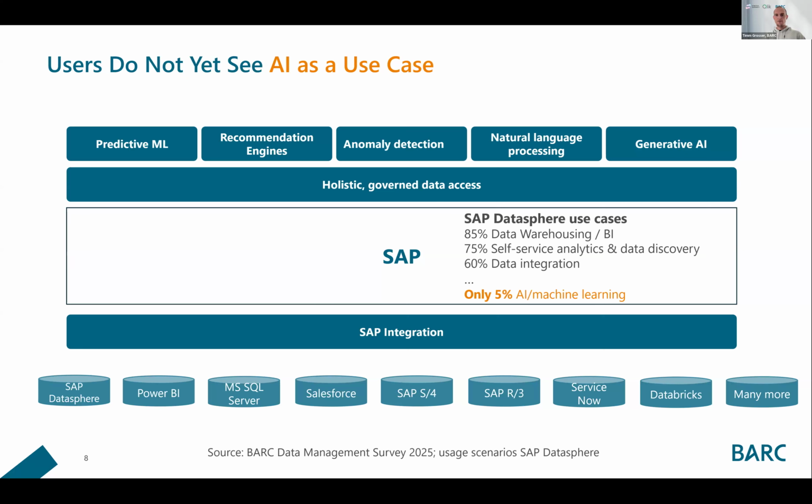Here, for example, for SAP DataSphere, because I chose this system as it's the closest to all the AI stuff, we see that SAP DataSphere is mainly used for classical stuff like data warehousing, self-service analytics, and data integration. And only 5% now use SAP DataSphere for AI and machine learning. Also for other new stuff like data products and data mesh, however you name it, it's really less on the use case side.